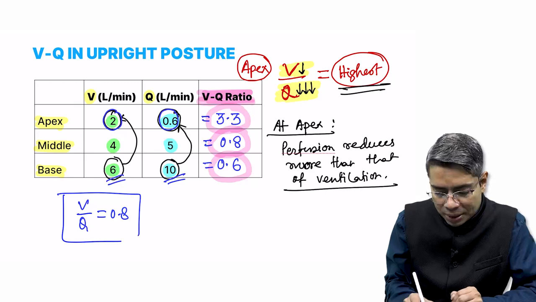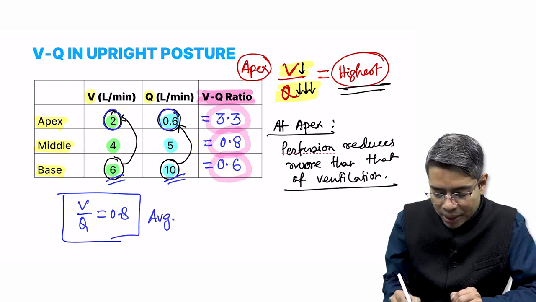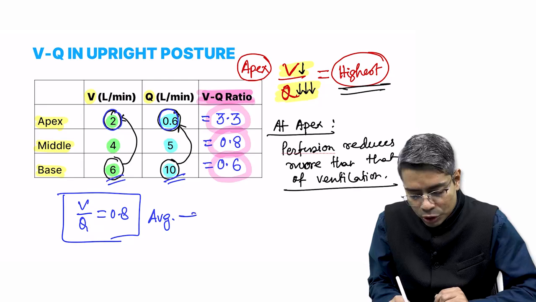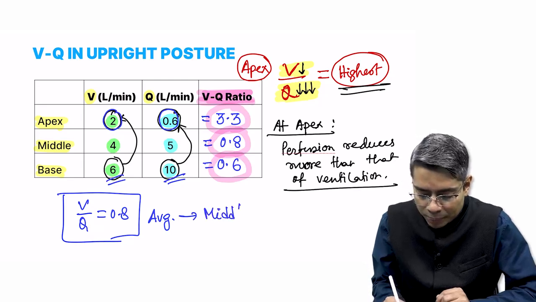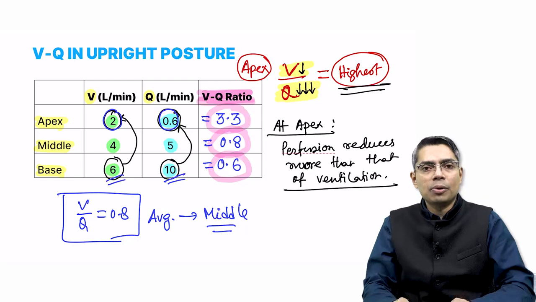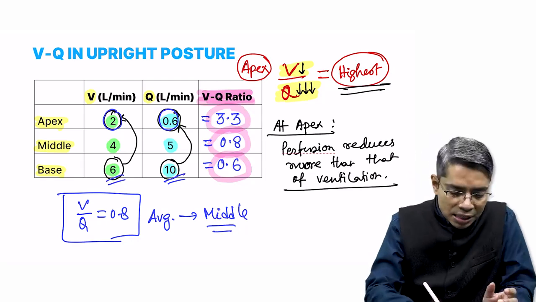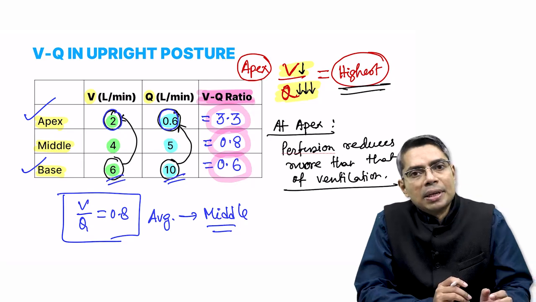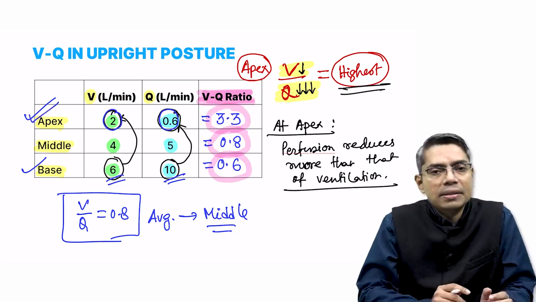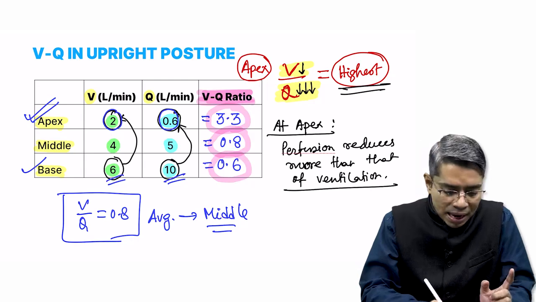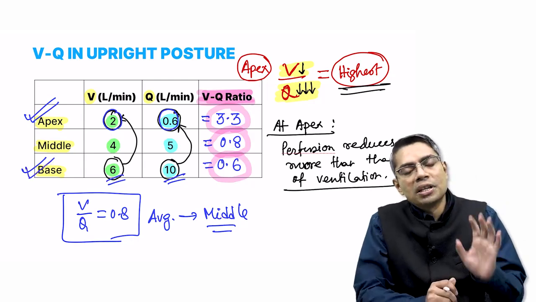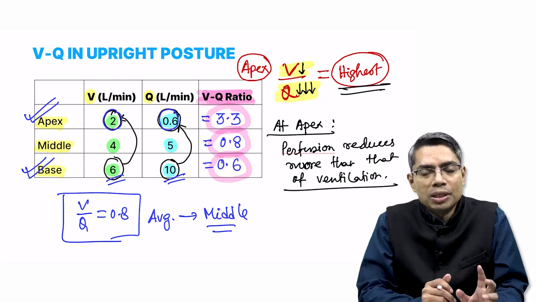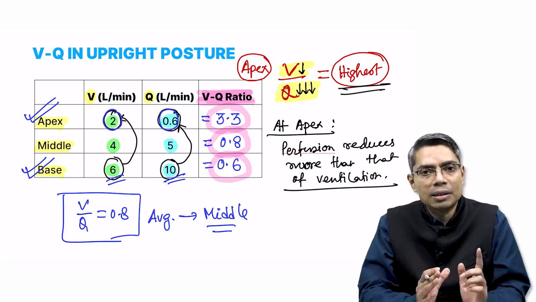I told you repeatedly that this is the average ratio, and you are going to get the average value in which part of the lung? The middle part of the lung. When the person is in upright posture, there is an extreme condition in the apex and an extreme condition in the base. In the apex the ratio is maximum, 3.3, and at the base the ratio is 0.6. So this is the concept of VQ ratio in different parts of the lung that you have to remember.